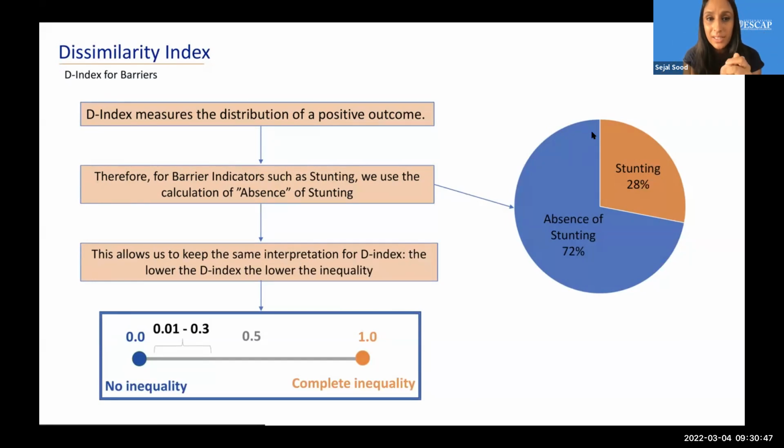So for our barrier indicators, such as stunting or violence against women indicators, we actually use the calculation of the absence of that barrier, which means that we are calculating the inequality amongst the absence of stunting, so people who don't have that barrier against them. This allows us to keep the same interpretation for the D index, whether it's an opportunity or barrier, and it also helps us compare the indicators together.